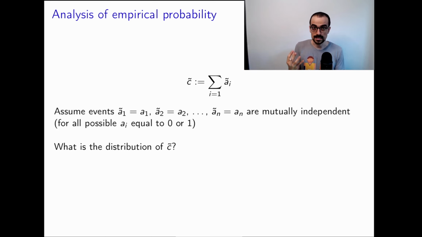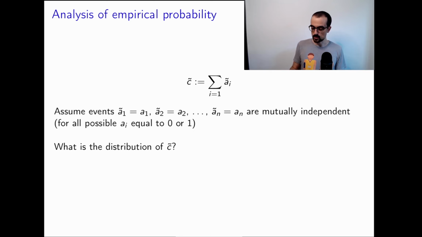In order to encode that mathematically, what we're going to assume is that the random variables, the events, because we haven't talked about independence of random variables yet, but we're going to talk about that later. This is a bit of a sneak preview.